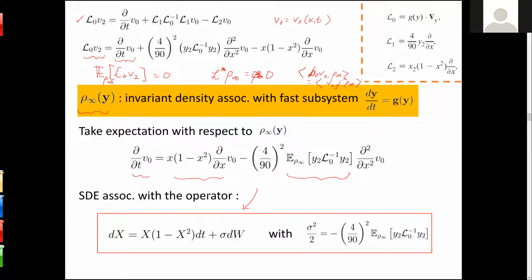We are not done yet because we don't know this part. If we want to solve this numerically, then we must know what the action of the inverse of L0 is in the system. I will not discuss what that is, but I will tell you that that is just a negative of the area under the correlation function of y2.